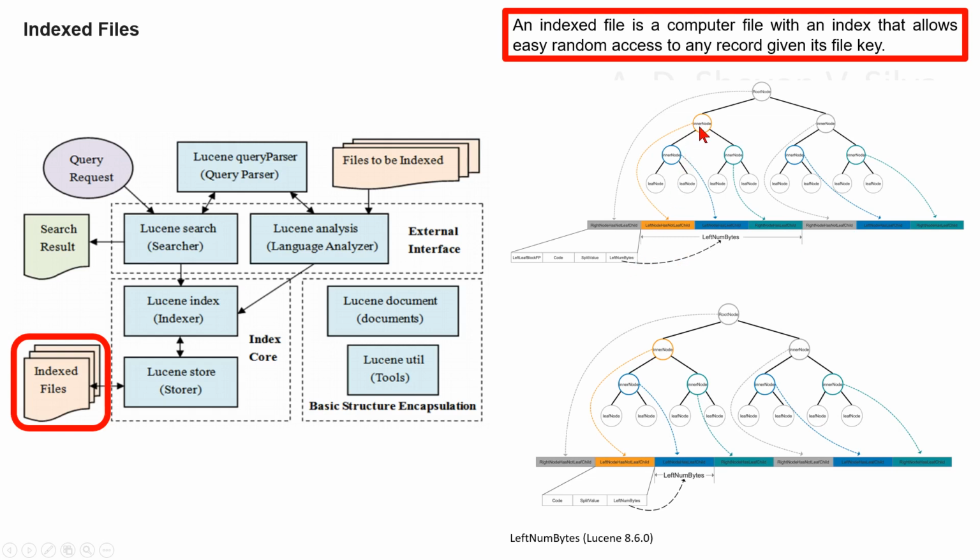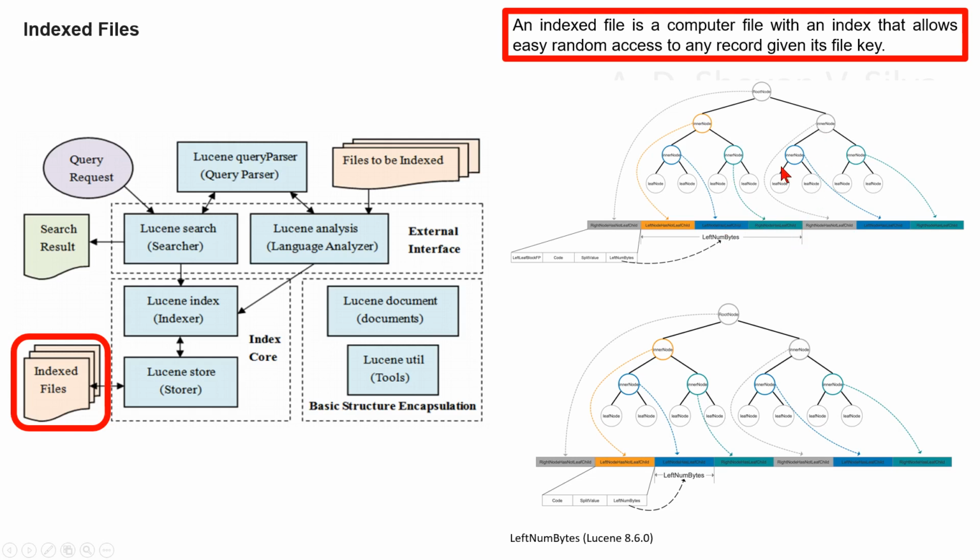Here this node is connected to the left node, which has no leaf child. This inner node is connected to the left node, which has a leaf child, and this inner node is connected to the right node, which has a leaf child.